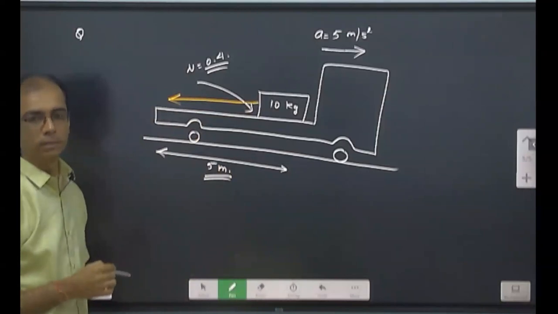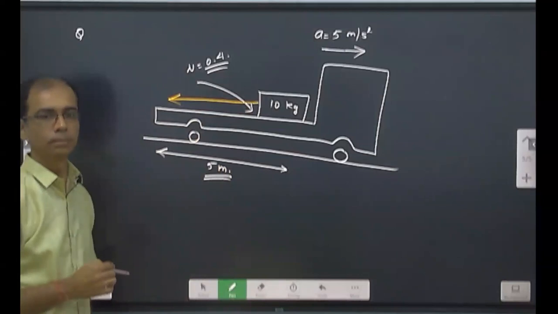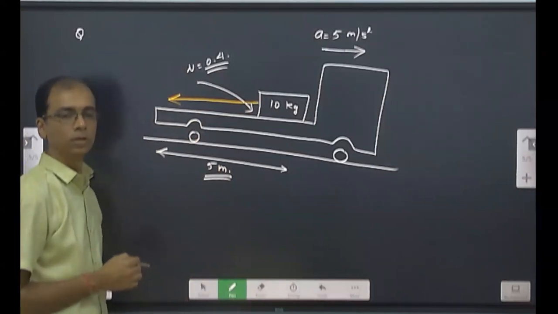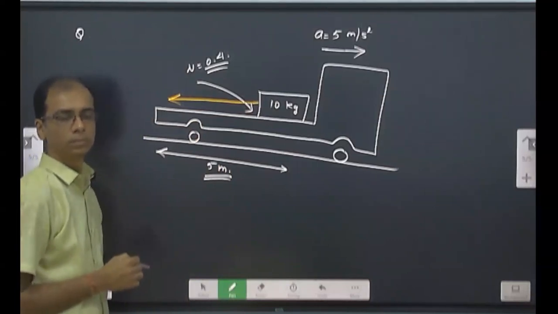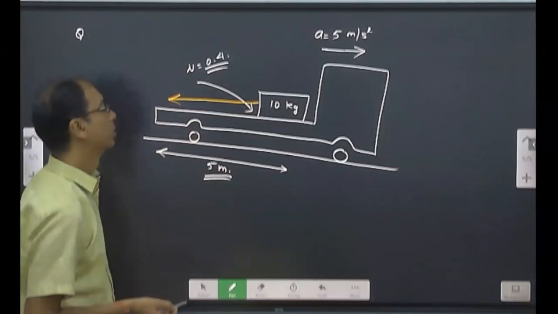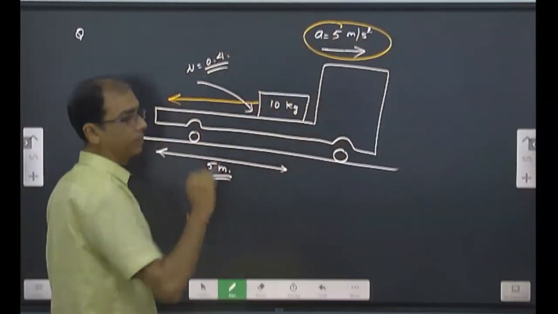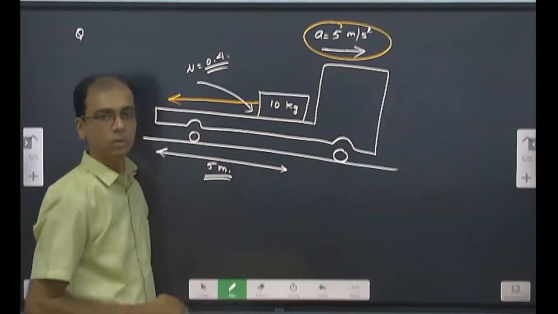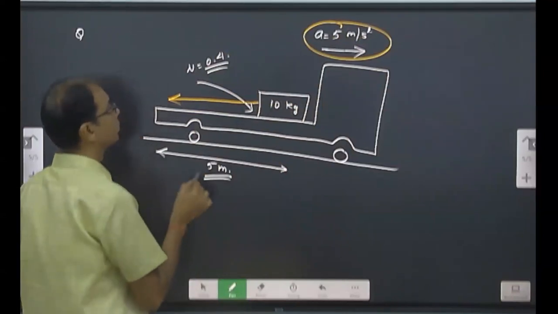Which force is acting? Pseudo force. Because the frame is accelerating. With respect to the frame, on this box, pseudo force will be acting. Which direction? Backwards.